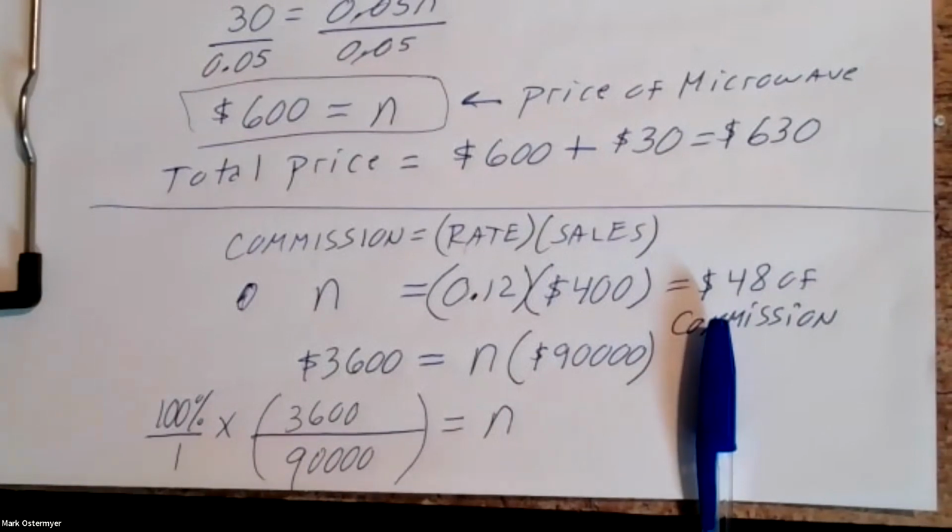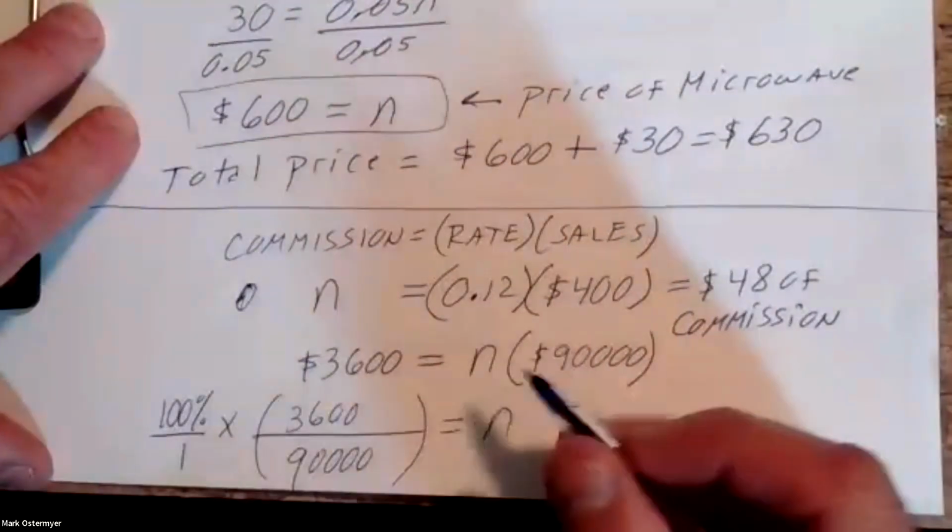So what's the commission rate as a percent for this realtor, real estate agent? 4%.